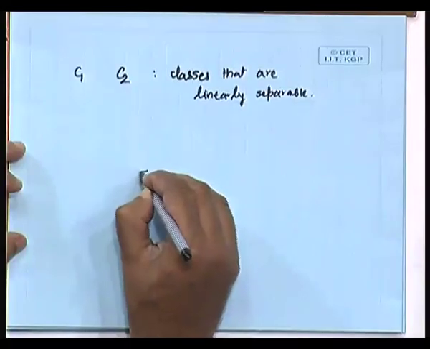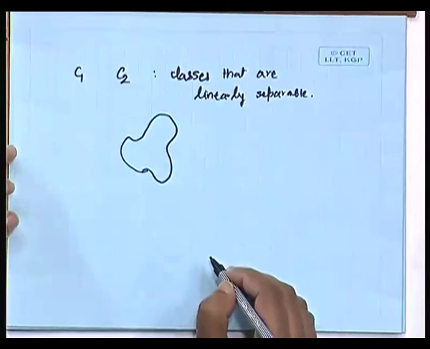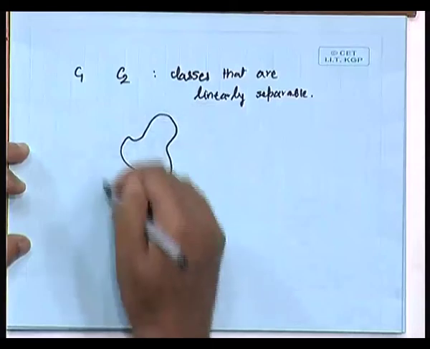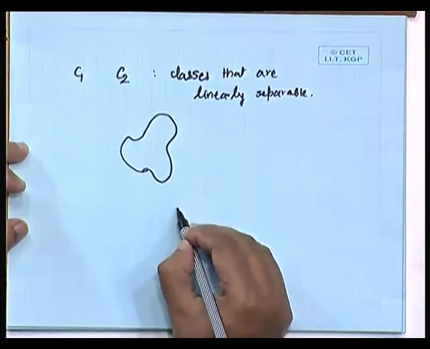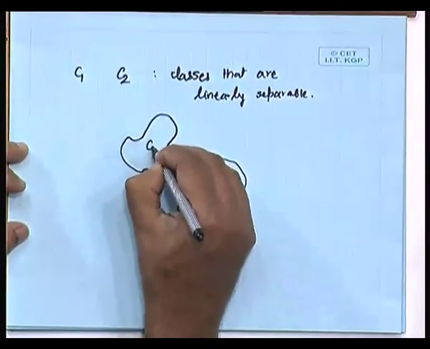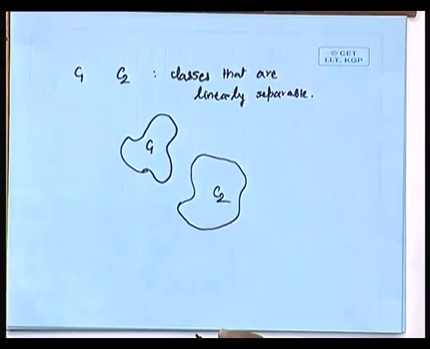Although I am just drawing some representative diagram, in general this is to be considered in a multidimensional sense. So let us say that this is a pattern that we have, C1. Supposing this is the whole set of C1 that we have got, and this is the set C2.